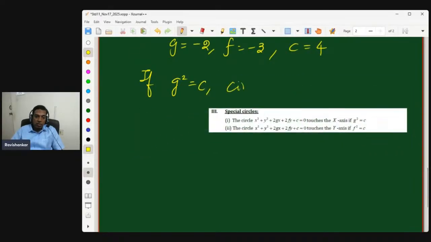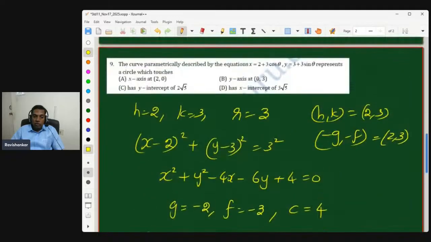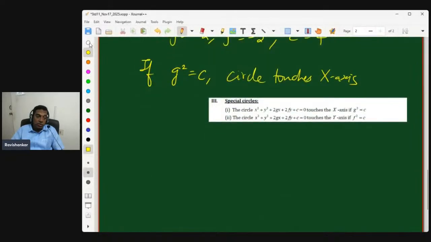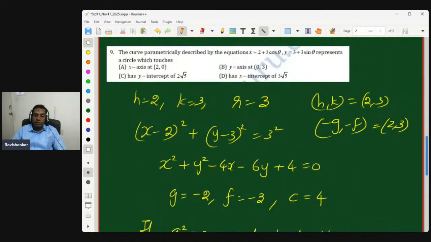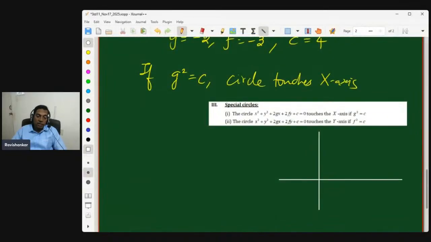So the circle touches the x-axis. Here, does it touch the x-axis at (2, 0)? Let's see. The center is (2, 3) and the radius is 3. So the circle is going to be like this.